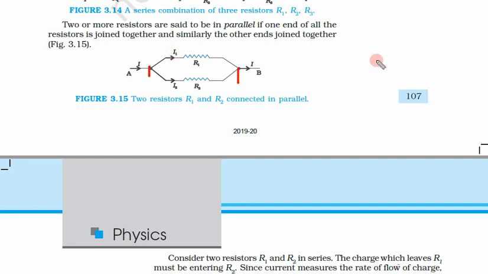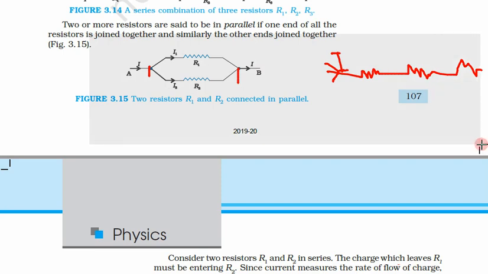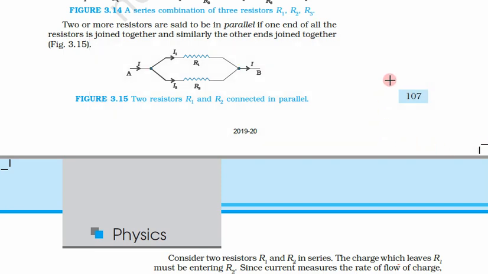While in series the potential will be different across each and every resistance. What will remain the same? Current I. So these are two cases. In series, current remains the same; in parallel, voltage or potential difference remains the same. Now let us see.